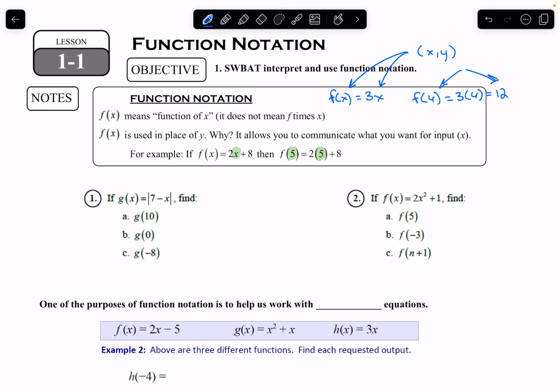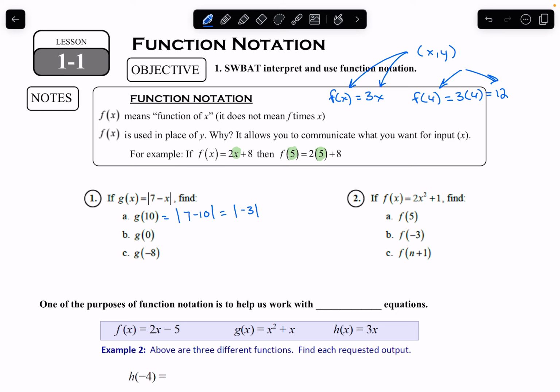First, it wants me to find g of 10. And what that means is everywhere I see an x in the function g, that's the key here. Anytime I see the letter x in the function g, I replace it with 10. So g of 10 equals the absolute value of 7 minus 10, which equals the absolute value of negative 3.